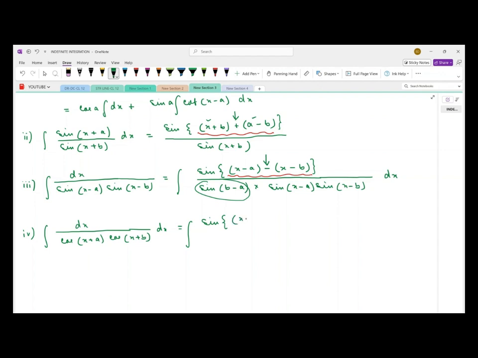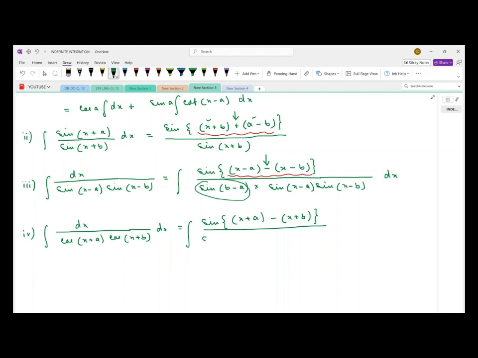So we will need one x plus a. We will need one x plus b. But again, for the same reason, I cannot put plus, so I will put minus. Now what happens? We have introduced in the numerator a new term, which is sine a minus b, which was not there.